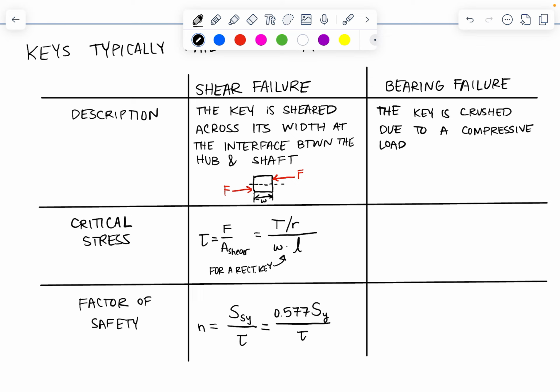Okay, so if I look at our square key cross-section here again, and I've got a force that's acting on one side here and on the other side here. One thing that can happen is the material directly underneath this force can yield in a compressive failure mode because the compressive stress from this contacting force becomes too high.